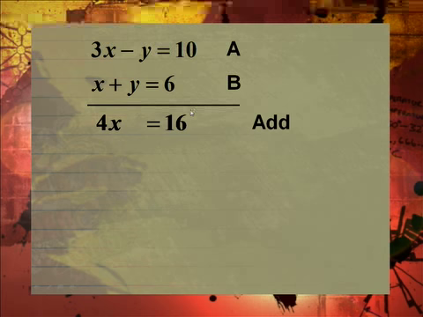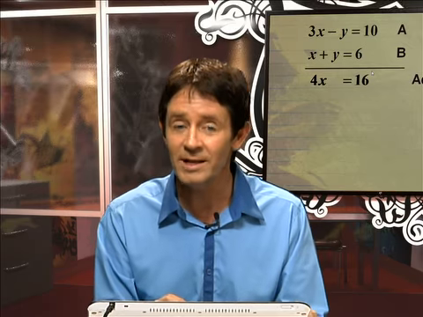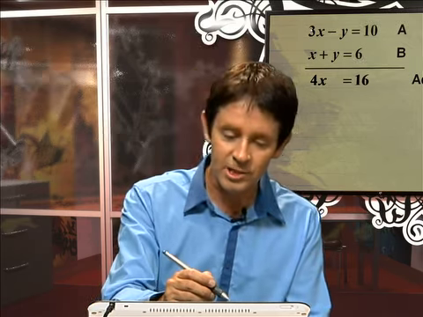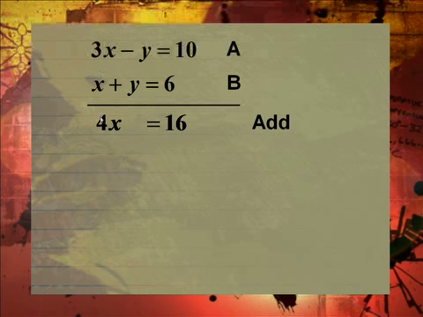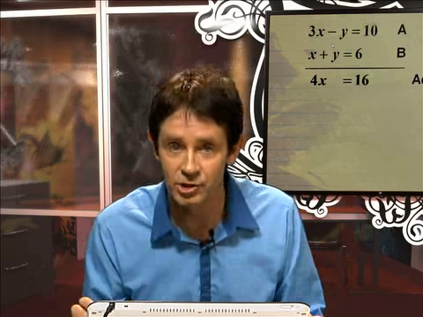Not always as easy as this. You're going to get some quite difficult ones, but watch this. As a start, 3x plus x is 4x, negative y plus y vanishes, and 10 plus 6 is 16. I always try and get the two guys, like the y's, to be the same, but with different signs, and then of course it works like a charm.